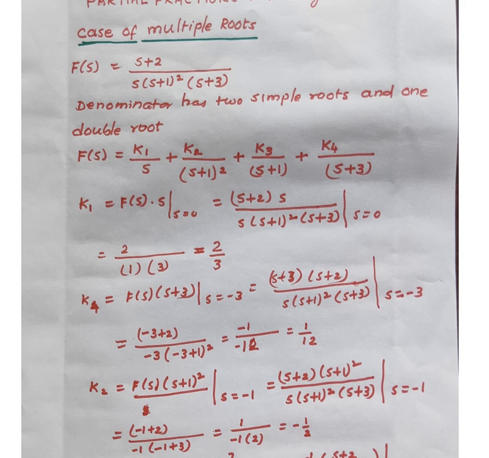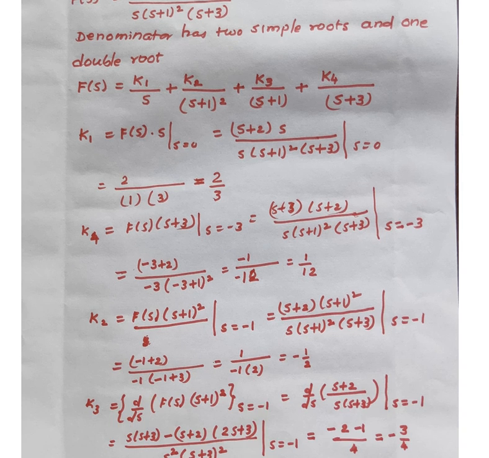And now we calculate k2. To get k2, we multiply F(s) with (s plus 1) whole square. Then substitute s equal to minus 1. So let us see F(s) into (s plus 1) whole square. F(s) is nothing but (s plus 2) divided by s into (s plus 1) whole square into (s plus 3).